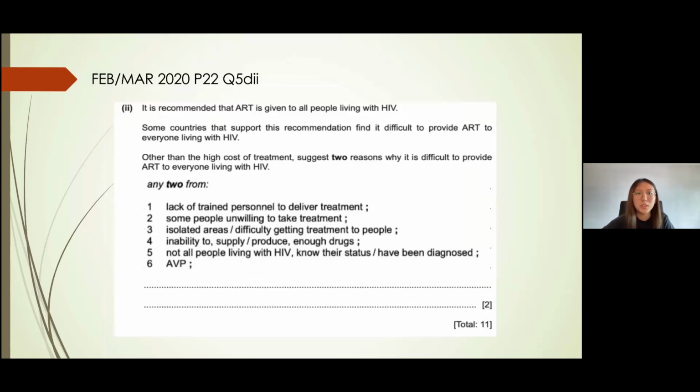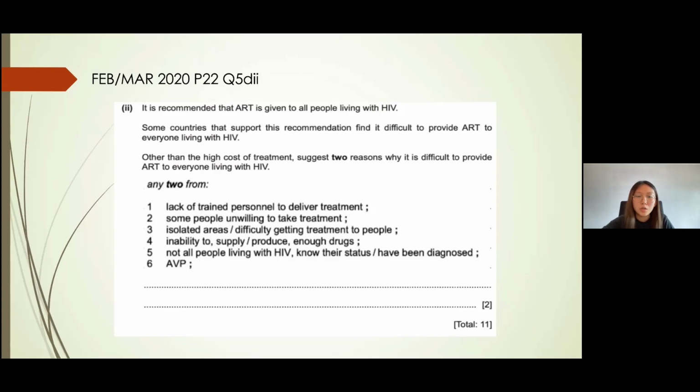The second question is, it is recommended that ART is given to all people living with HIV. Some countries that support this recommendation find it difficult to provide ART to everyone living with HIV. Other than the high cost of treatment, suggest 2 reasons why it is difficult to provide ART to everyone living with HIV.